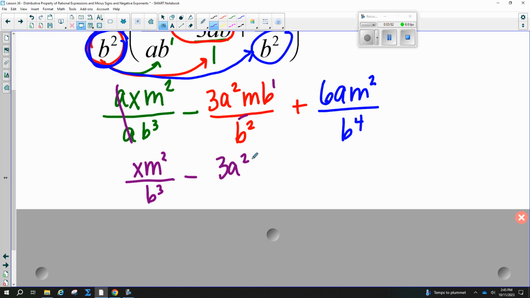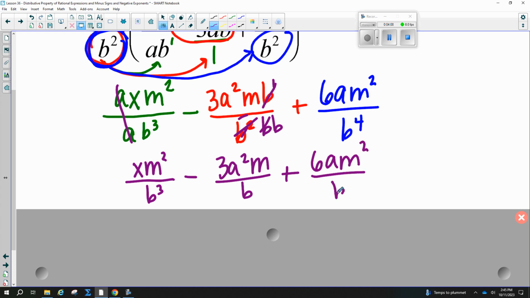And so I am going to leave 1b on the bottom. All right, you could also write this as b times b, so one of them cancels. All right, and then 1 is left on the bottom. Plus, and then that one is good to go, 6am squared over b to the fourth. Nothing simplifies. And then that is your final answer.